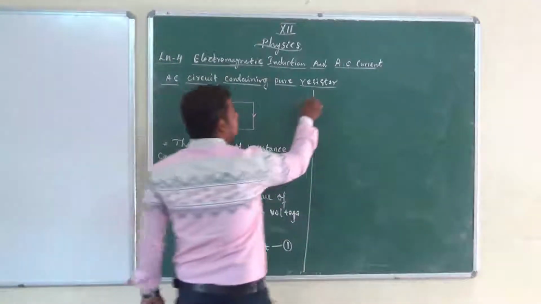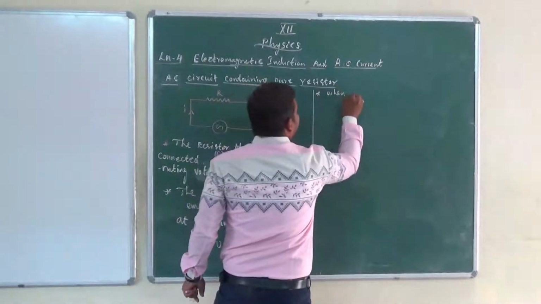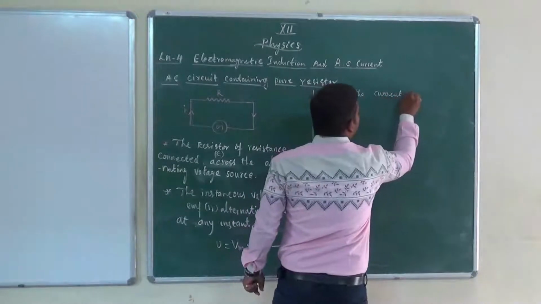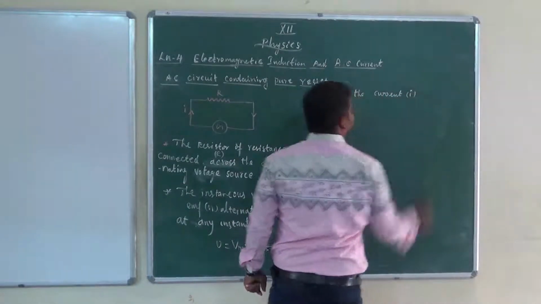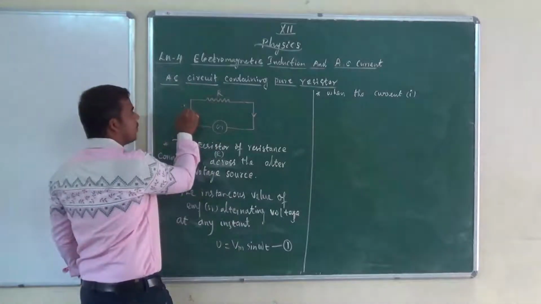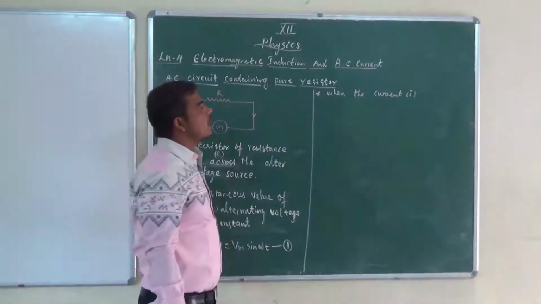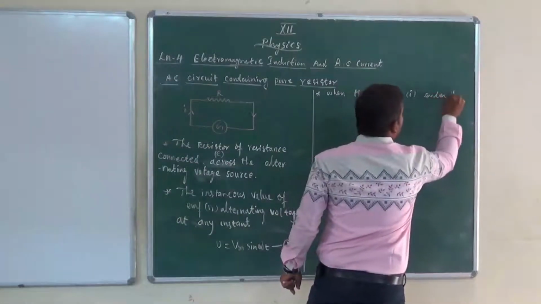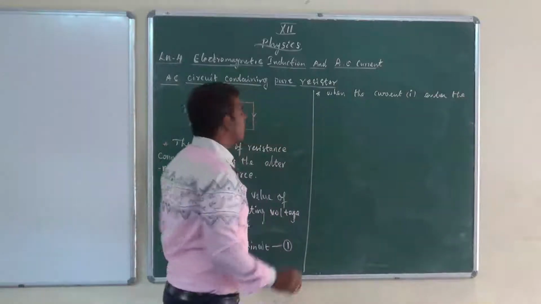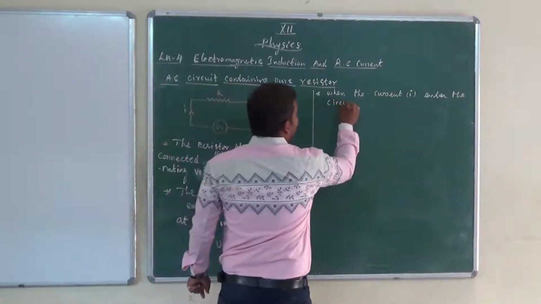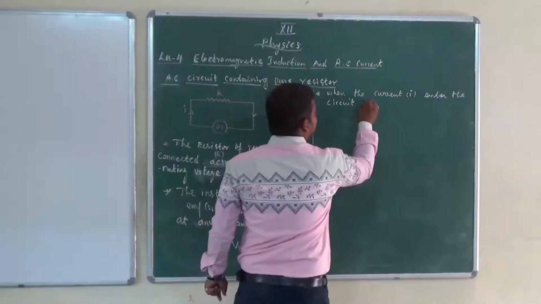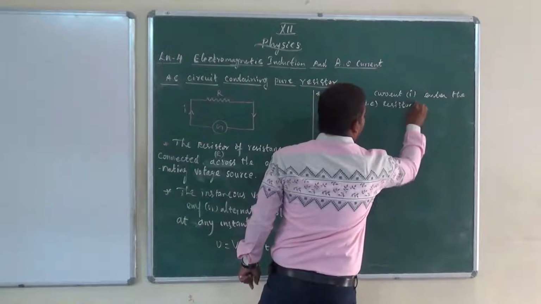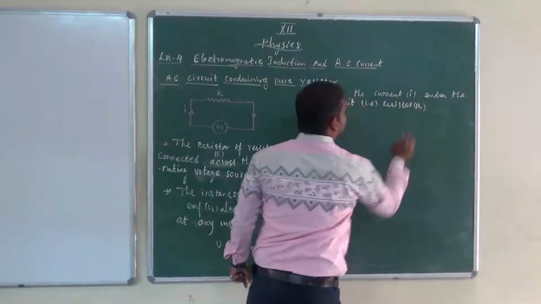Next, the current I. Here I represents the alternating current. See the diagram where I mentioned I. The alternating current enters the circuit. What is there in the circuit? The circuit consists of this resistor. That means the current enters through the resistor.